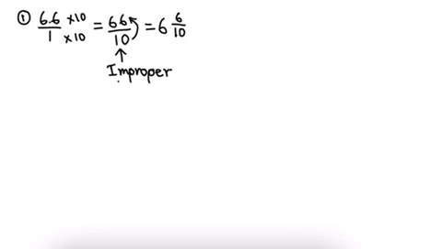So when we do this, we get 6 left over. So the answer would be 6 and 6/10. So here I'm just labeling the improper fraction and the mixed fraction to show you which is which.